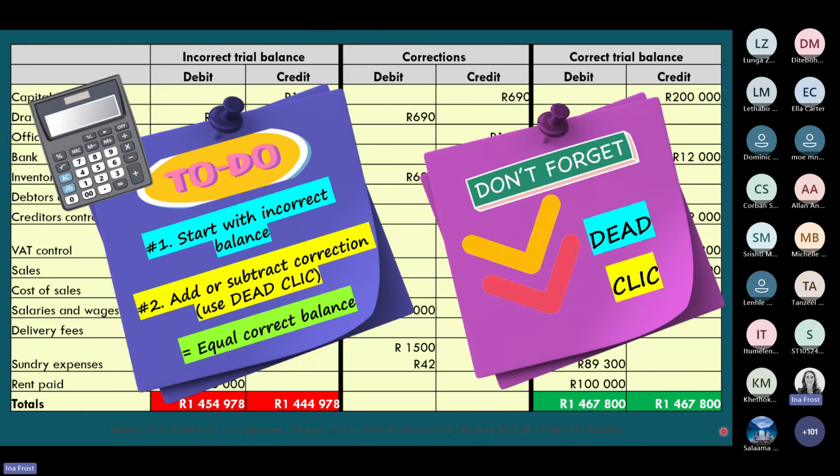But the key thing, as both Salama and I have now said a few times today, is remember to use your debit-credit. And as Salama always says, make sure you actually even write it on your test paper so that you don't forget to use it in an assessment.